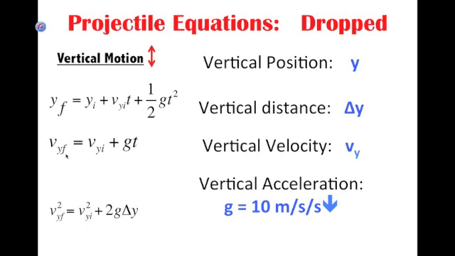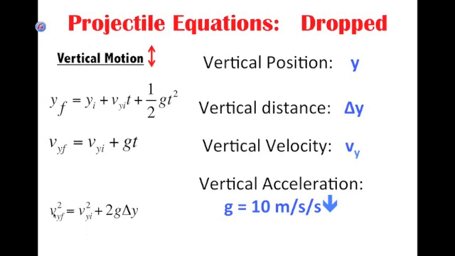The next equation is: the vertical velocity in the y direction final, so the ending vertical velocity, is equal to the starting vertical velocity plus the acceleration of gravity times the time.